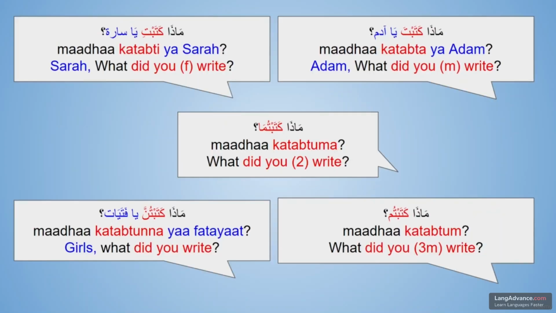So let's take some examples. Let's ask something like, Adam, what did you write? ماذا كتبت يا آدم؟ And then asking a female, Sarah, what did you write? ماذا كتبت يا سارة؟ Notice here that we're using the word يا, which is a vocative word, which you use when you're addressing or calling to a person.